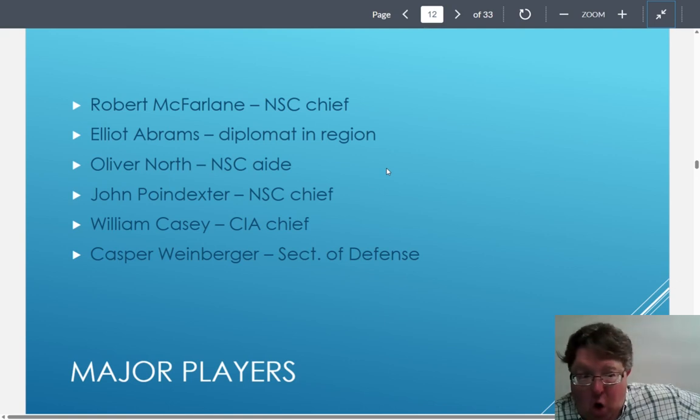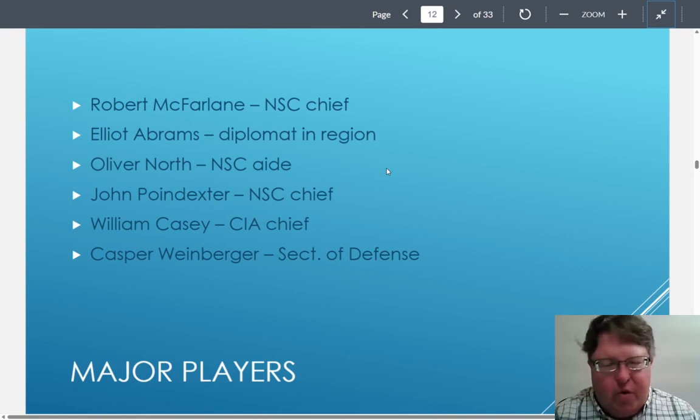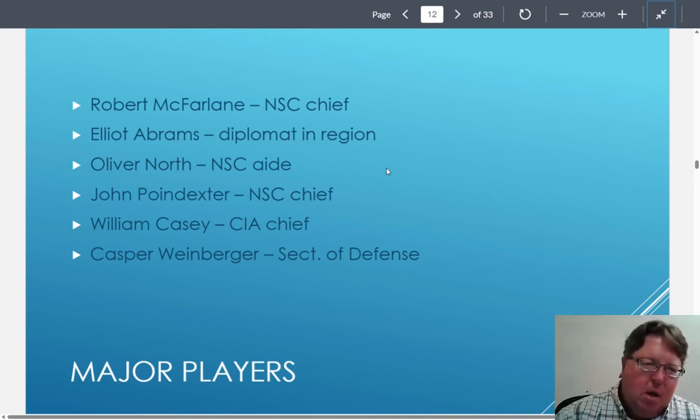He was the gopher. He did all the dirty work. Okay. His fingerprints are all over Iran-Contra. Because when the big dogs, McFarlane, Abrams, Poindexter, Weinberger, when they said, hey, we need some grunt work done, guess who the grunt was? Oliver North. And so you have to know Oliver North. I should see his name mentioned in your answer somewhere.